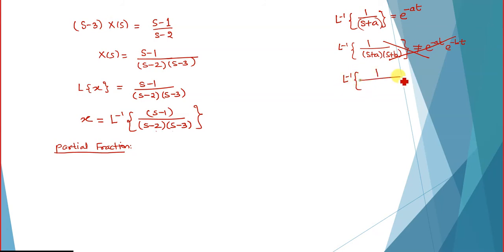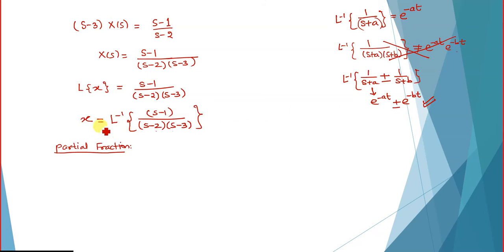We can do this separately if we have the Laplace inverse of 1 over (s plus a) plus 1 over (s plus b). Then you can do it individually: e to the power minus at plus e to the power minus bt. So if it is plus or minus, it works, but for multiplication we cannot.